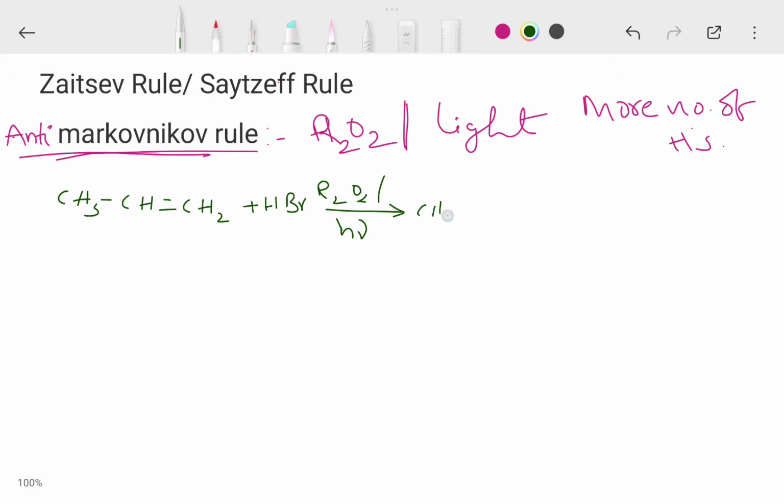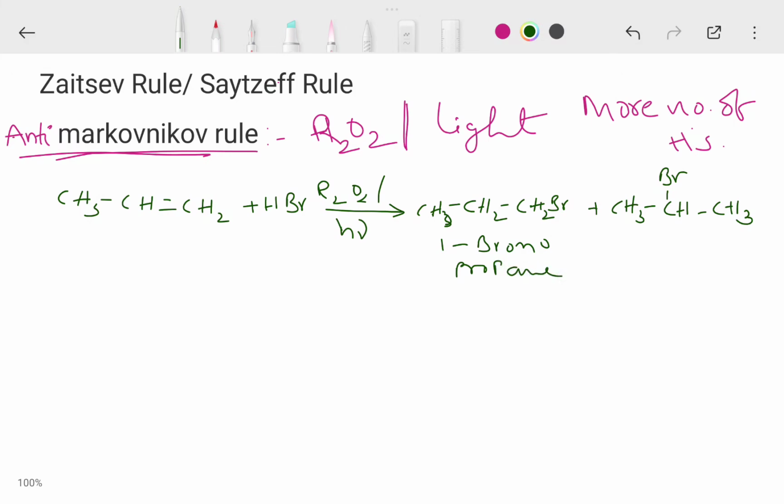Here two types of products are possible: CH3 CH2 CH2Br, one product, and CH3 CHBr CH3. These are 1-bromopropane and 2-bromopropane. Here 1-bromopropane is 93% and 2-bromopropane is 7% in the presence of peroxides.